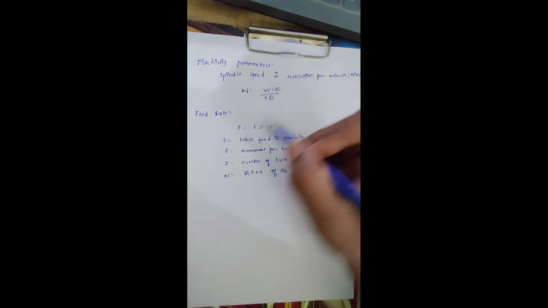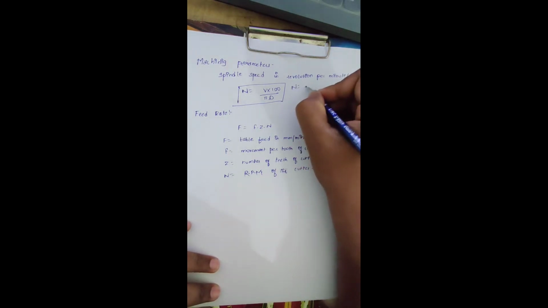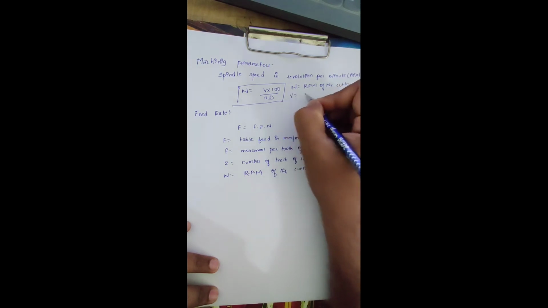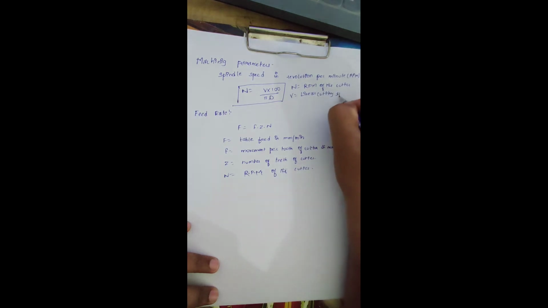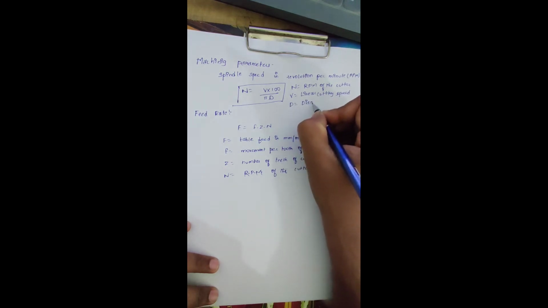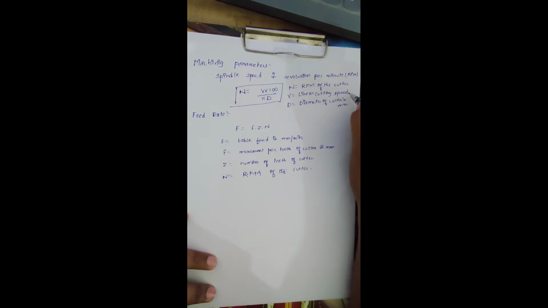The formula is N is equal to V into 1000 by pi D, where N is the RPM of the cutter, V is the linear cutting speed, and D is the diameter of the cutter in mm. The linear cutting speed will be in meters per minute.